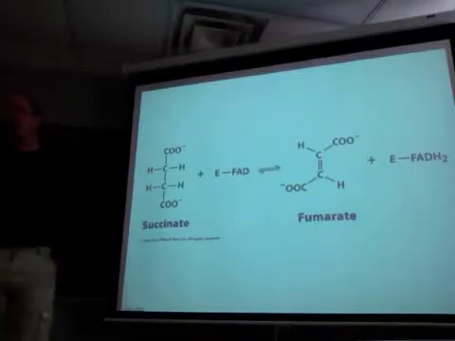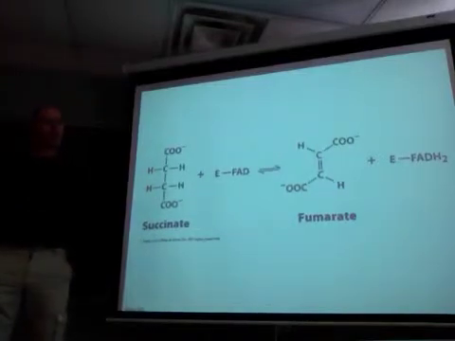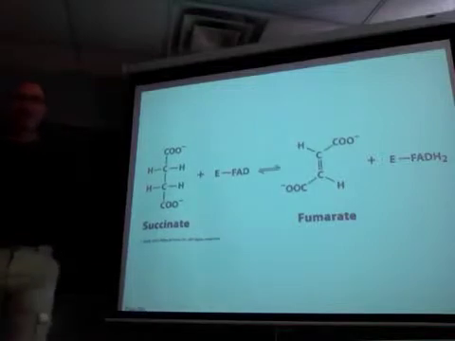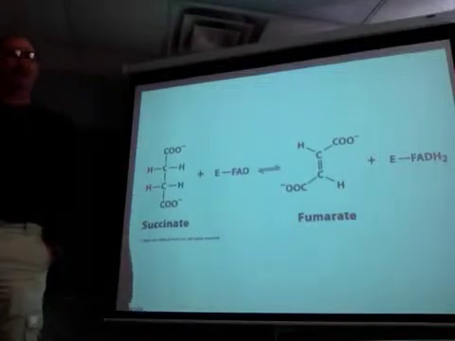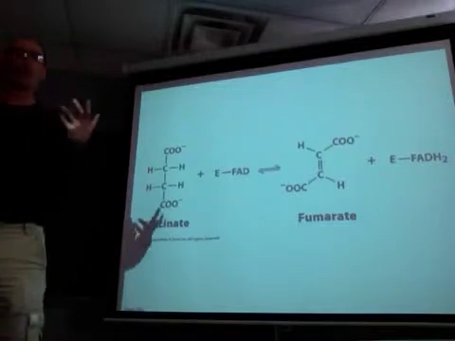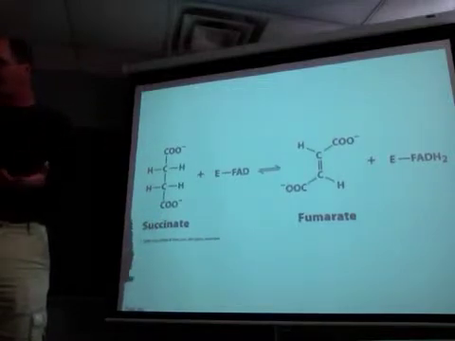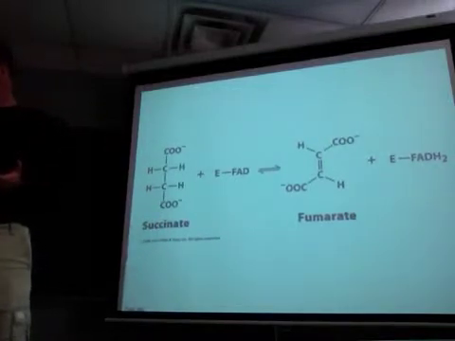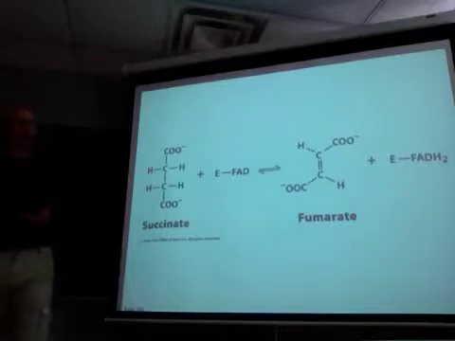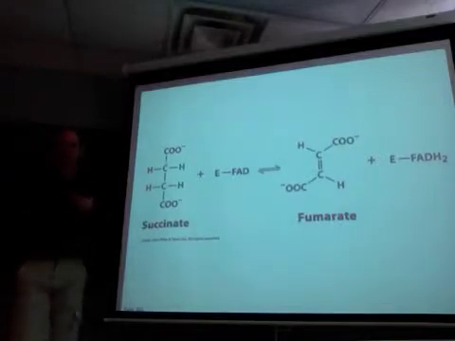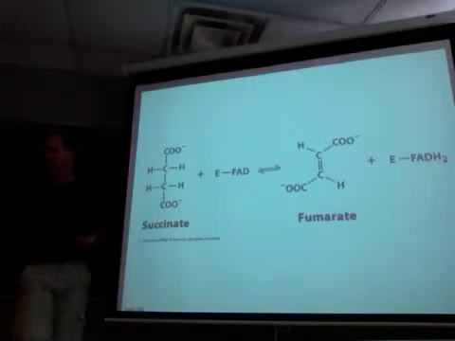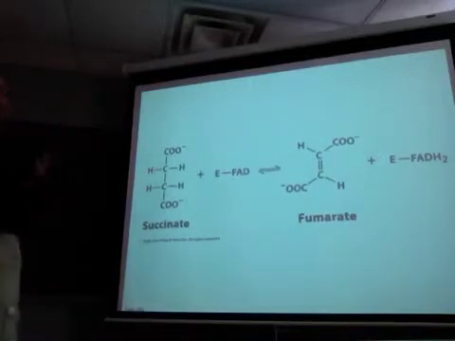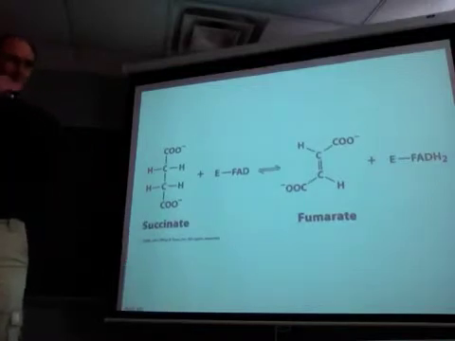And it is directly associated with the proteins of the electron transport chain. So succinate dehydrogenase interacts directly with the electron transport chain. And we'll talk about that more when we talk about electron transport.